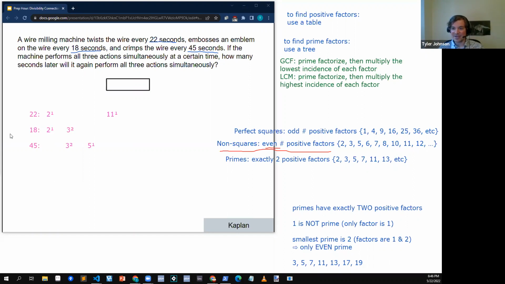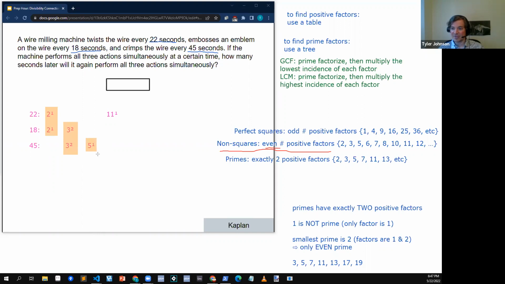Same process though, we're going to prime factorize each number. So 22, that's 2 times 11, 18, 2 times 3 squared, 45, 3 squared times 5. From here, take the largest incidence of each factor. So from the 2's, it's really the same. They're both 2 to the 1, so we're just picking 2 to the 1. From my 3's, the biggest is going to be 3 squared.